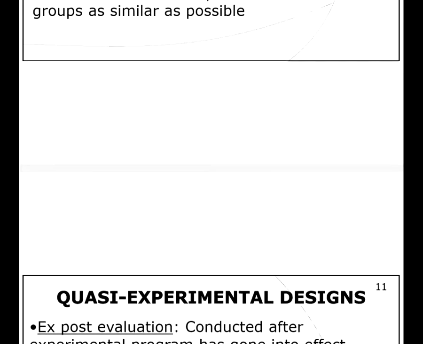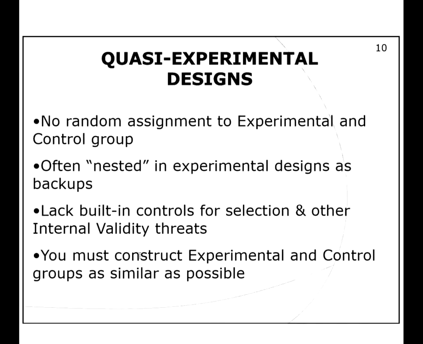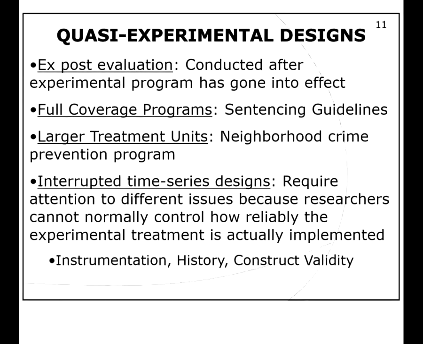You're using this naturally occurring experiment, so to speak, to construct your experimental and control groups as similar as possible, even though you realize that the reason some people didn't get into drug court might be that they're repeat offenders and they're not going to stop using drugs. So you have to control for these things in order to weed out these effects.